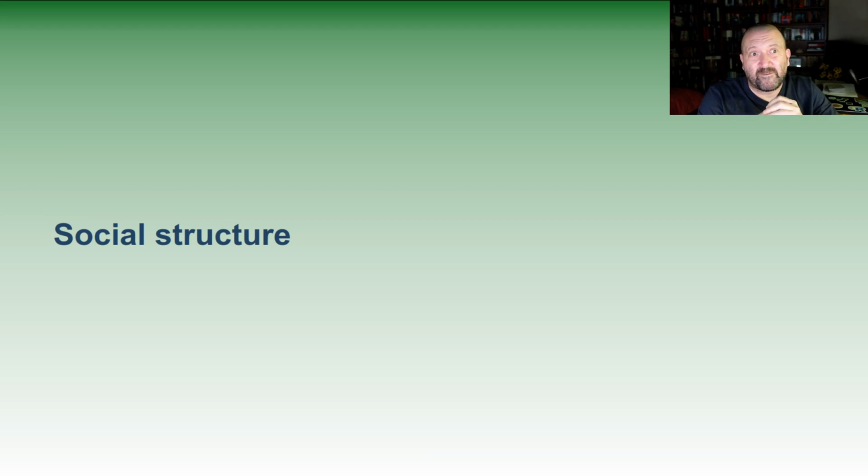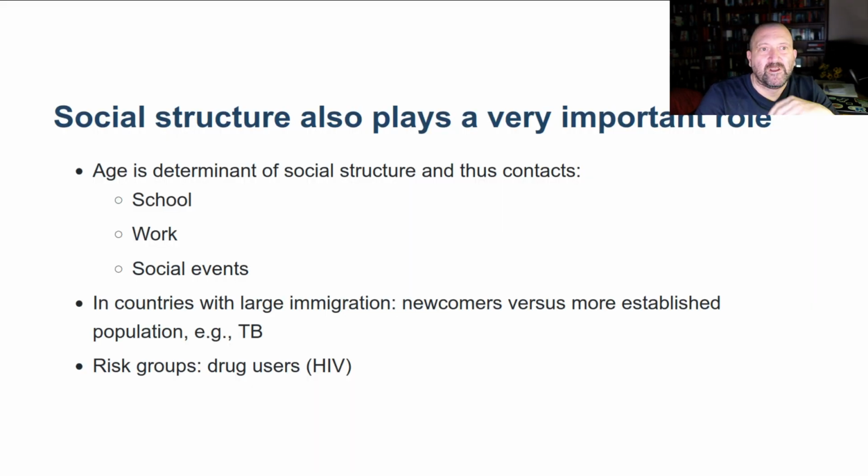Another source of heterogeneity is social structure. First of all, I'll point out that age is of course part of social structure, and so age plays a role there as well. But there are other social contexts in which the structure plays a role.